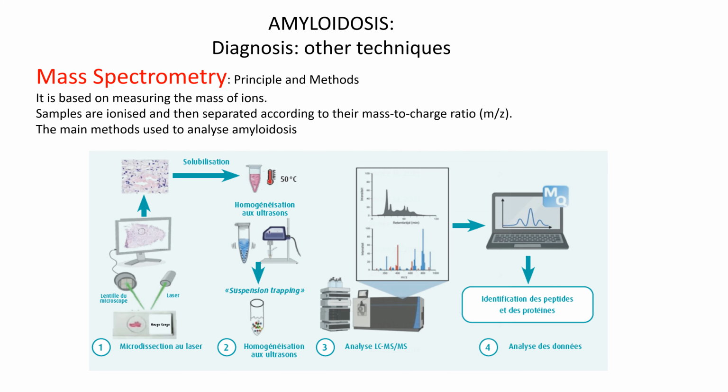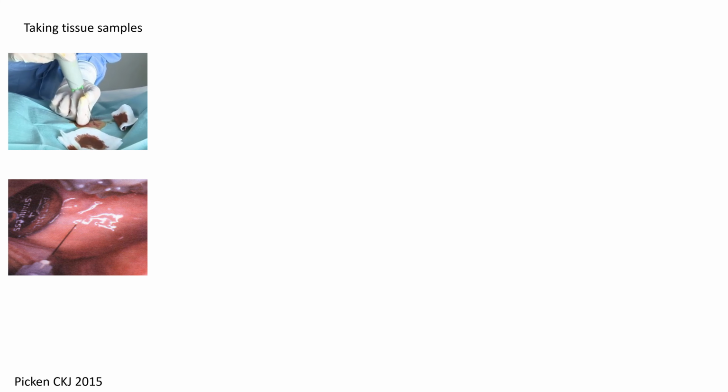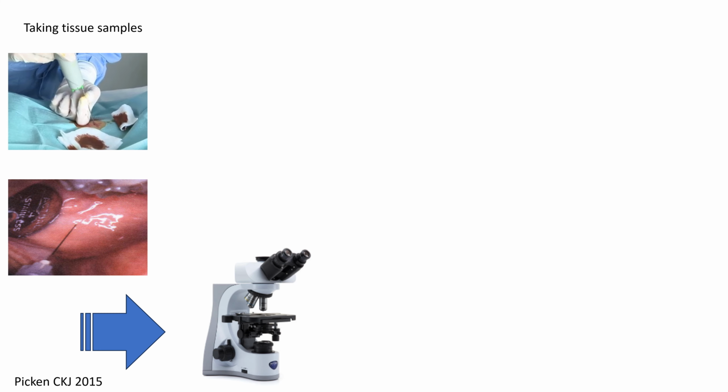Mass spectrometry and other techniques. Mass spectrometry principle and method: it is based on measuring the mass of ions. Samples are ionized and then separated according to their mass-to-charge ratio. The main methods used to analyze amyloidosis: after biopsy, using laser microdissection, the amyloid regions are excised from paraffin-embedded tissue sections.